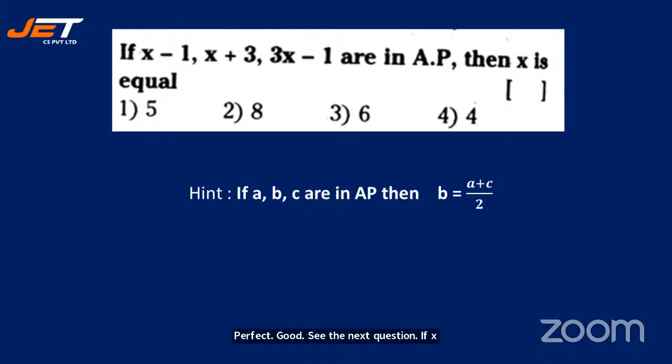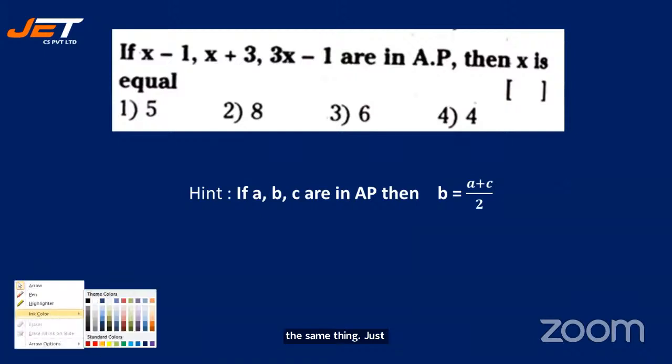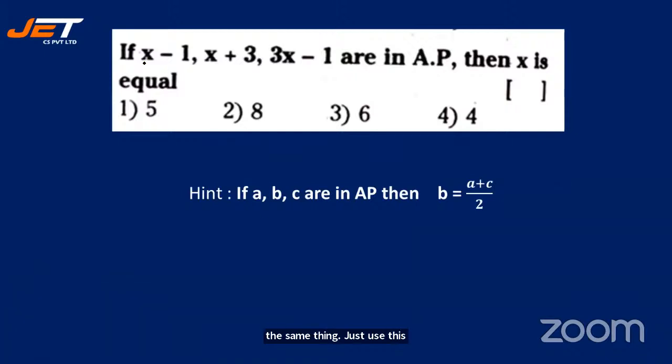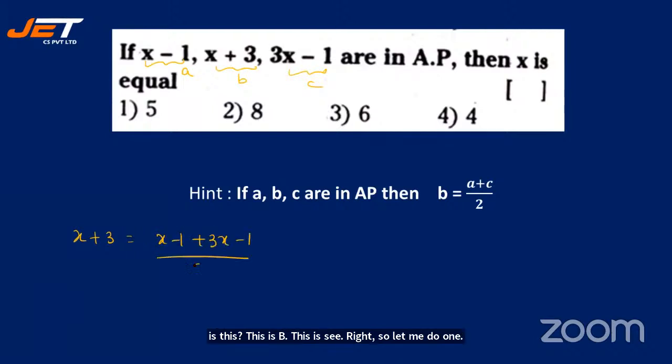If x minus 1, x plus 3, 3x minus 1 are in AP, then x is equal to what? So the same thing. Just use this. What is this? This is A. This is B. This is C. Right? So let me do one sum for you. B is equal to A plus C by 2. Right? Yes.